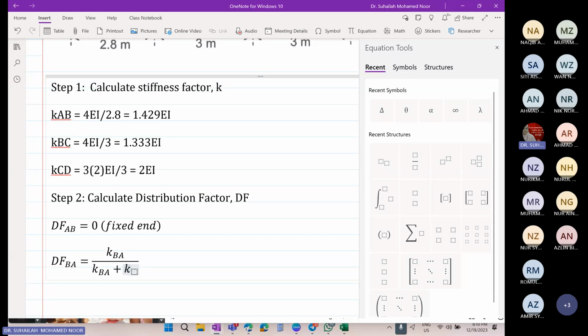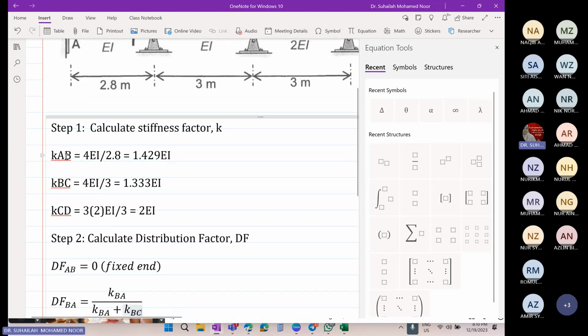So what is KBA? KBA is equal to KAB. What is KBC? KBC is the same as KCB.